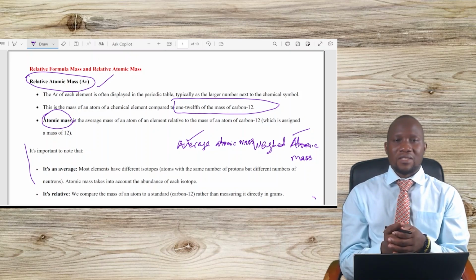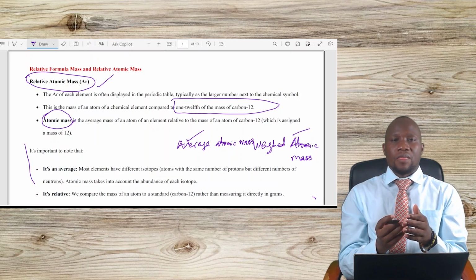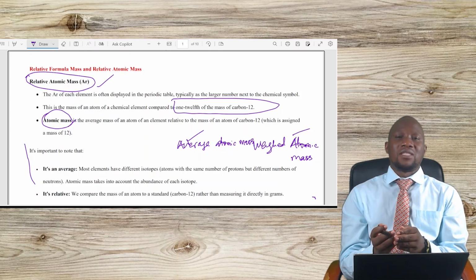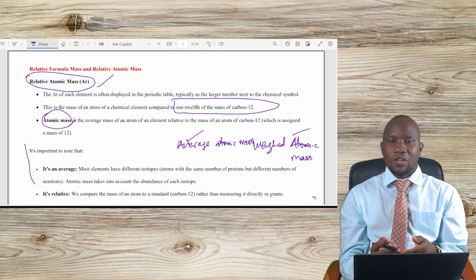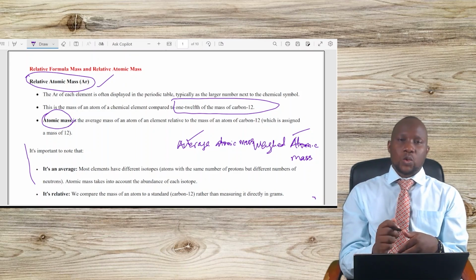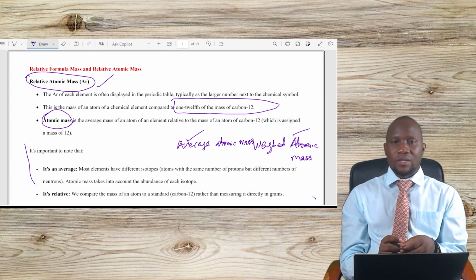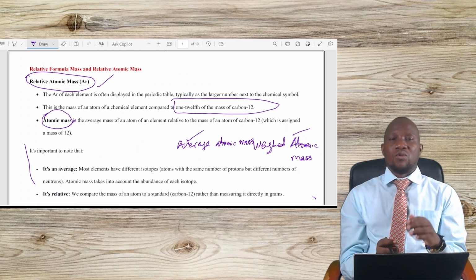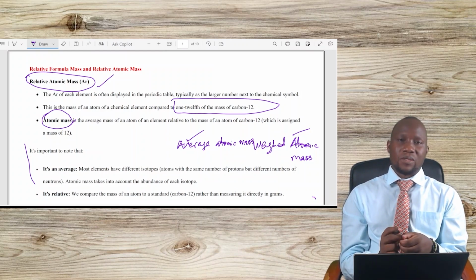This is basically like saying, if you choose an element to be your reference point, then for every element's mass, you relate it to the mass of the reference atom that you have chosen to use. So in chemistry, 1/12 of the mass of carbon-12 is what we consider as the reference mass that we can use to compare with the masses of other atoms.